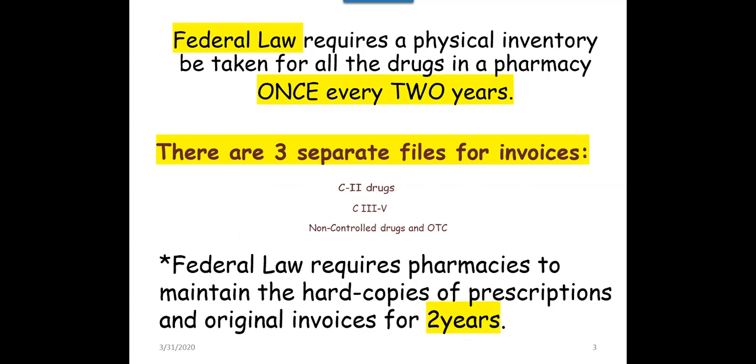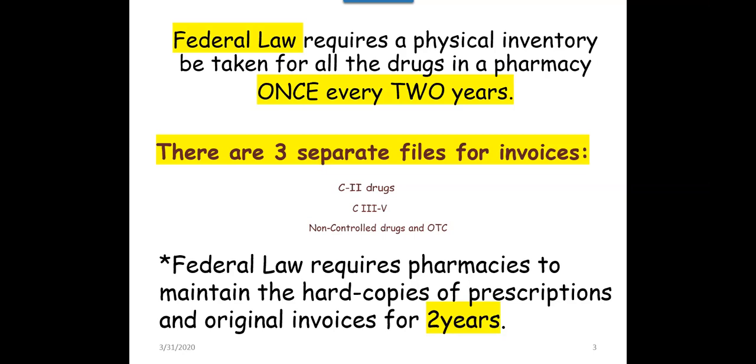Federal law requires that you keep the hard copies of your invoices. When we place an order and a tote comes in, inside the tote there's going to be an invoice, and you use the invoice to make sure you've received everything stated on it. But you're going to have 3 different files for your invoices.